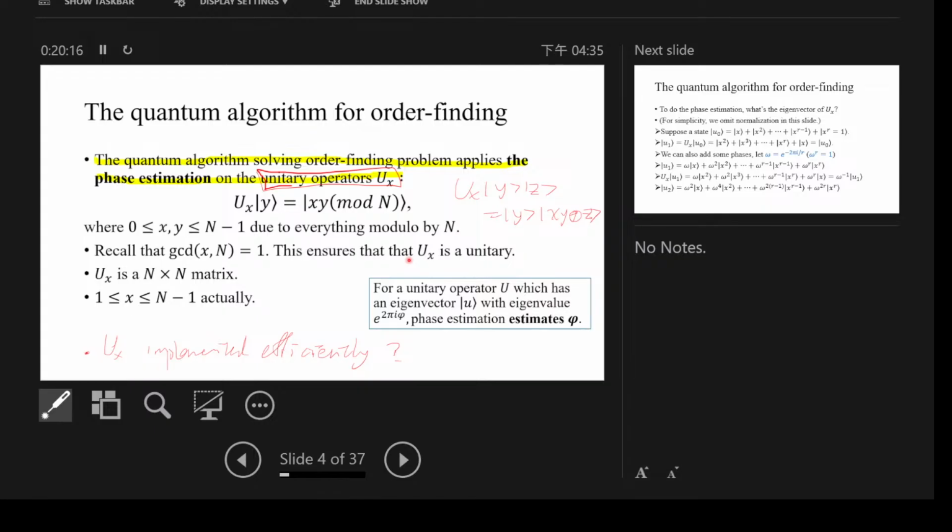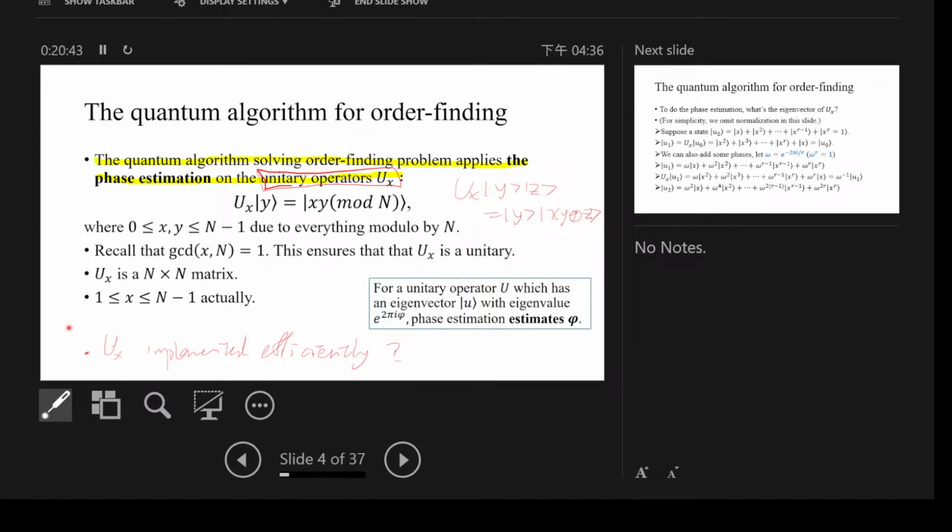Okay. So more points here. U_x is an N by N unitary because it acts on a space of size N, 0 to N minus 1, and outputs something from 0 to N minus 1. Actually x cannot be 0, so it's from 1 to N minus 1, but that's okay.